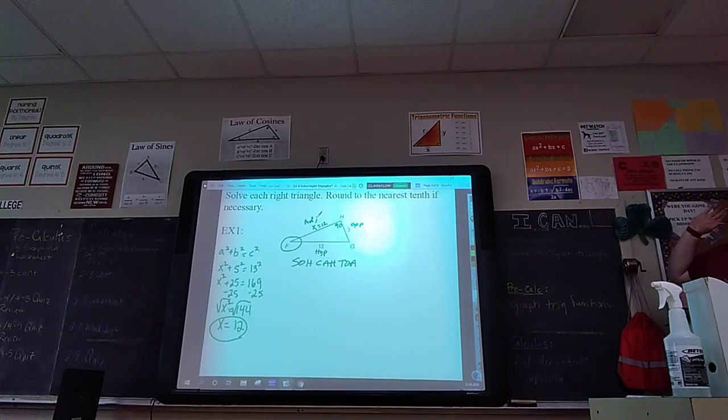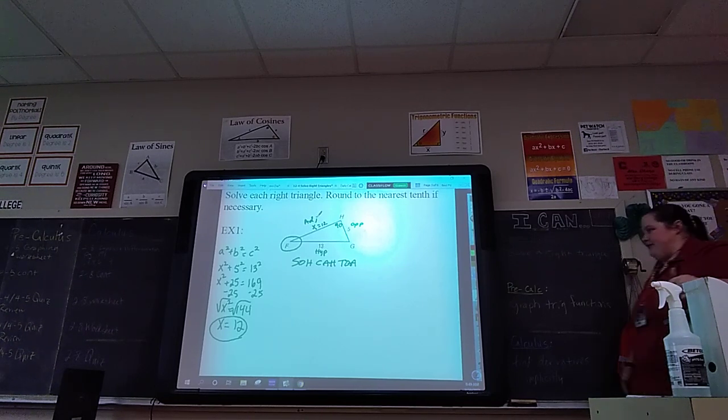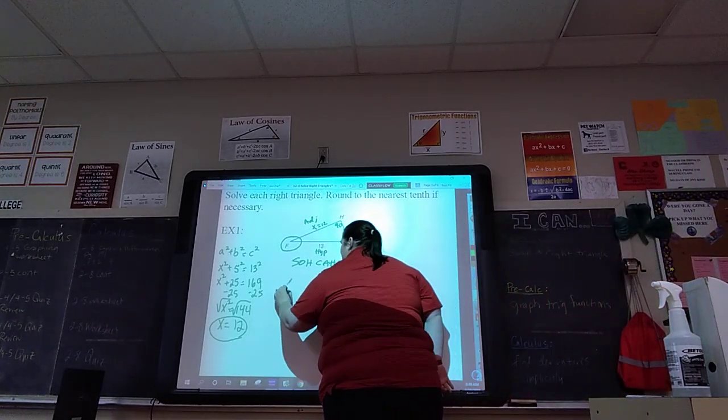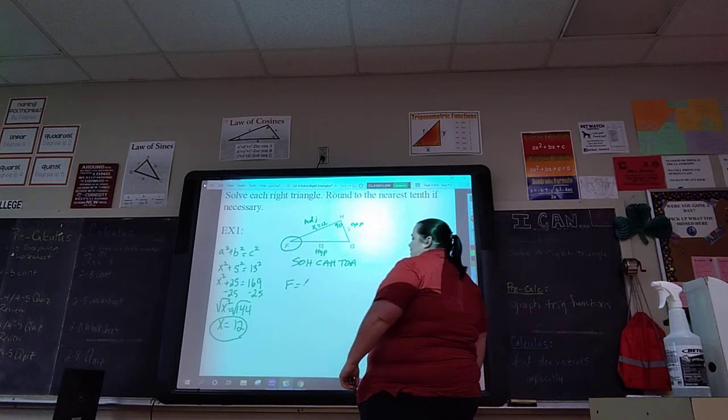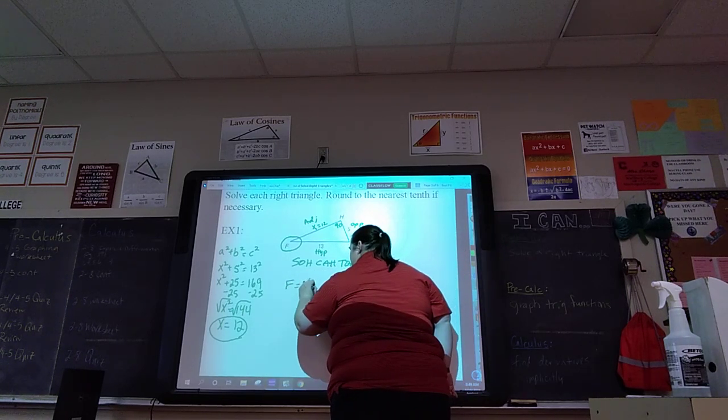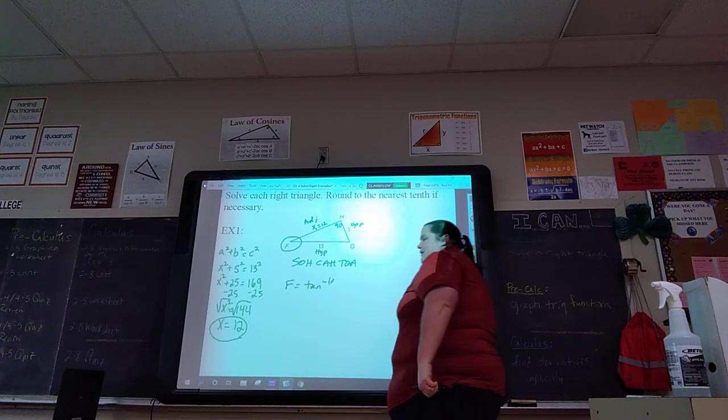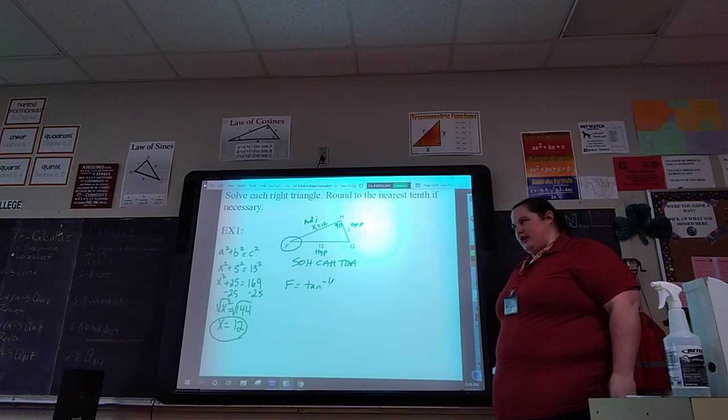So the nice thing about finding all three sides first is we know all three sides, and we can actually use any one of the SOHCAHTOA. We can use 12, 5, or 13 to help find the angle. So it's your choice whether you want to use sine, cosine, or tangent to find angle F. So do you want to use sine, cosine, or tangent? I'm using tangent. Okay, we'll use tangent. Specifically we're finding an angle, so we use tangent inverse.